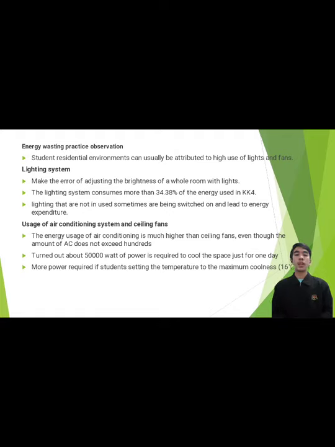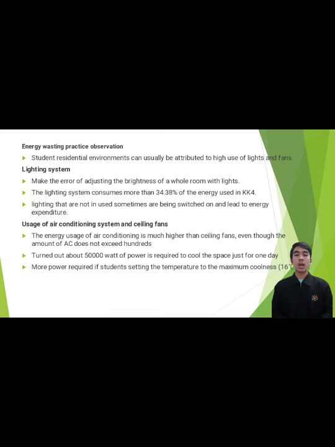The second one is the usage of the air conditioning system and the ceiling fan. The energy usage of the air conditioning is much higher than the ceiling fan. Even though the number of air conditioners does not exceed hundreds, there are a total of 64 units of air conditioning used just for this building. It turns out about 70,000 watts of power is required to cool the space just for one day.